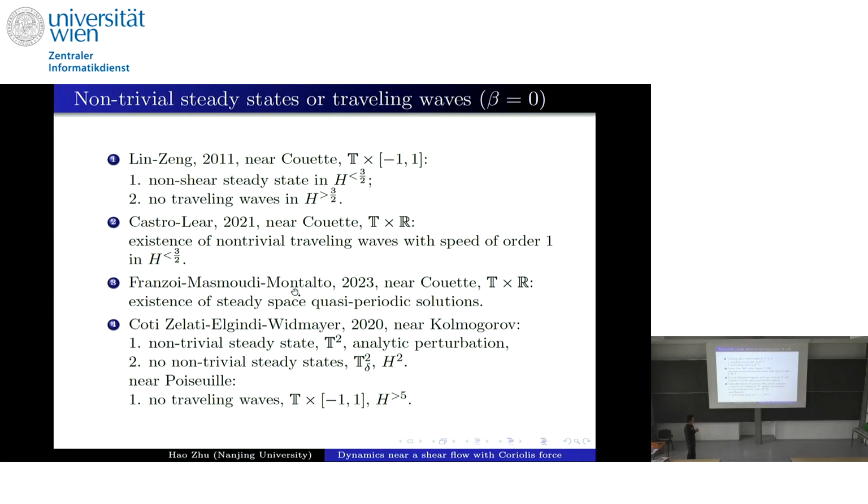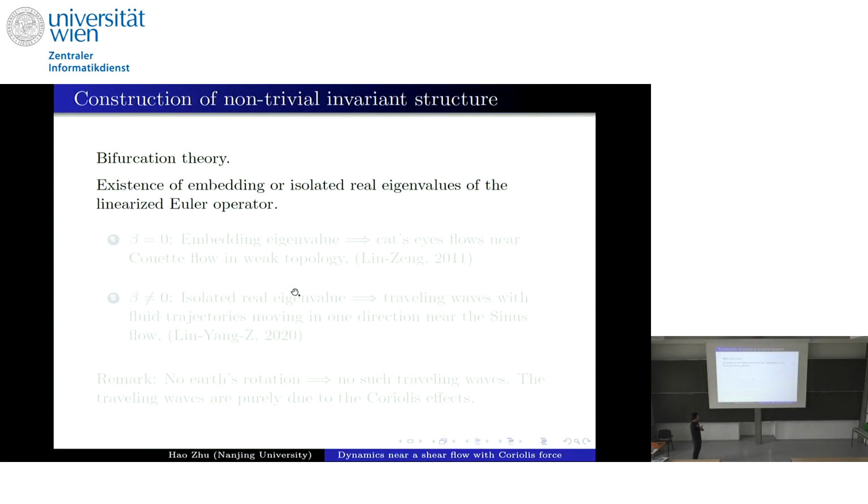And for the Poiseuille flow, the profile is y squared, and also the linear operator has no embedded eigenvalue. So they prove that if the regularity is taken large enough, I mean the perturbation space, then there are no such traveling waves.